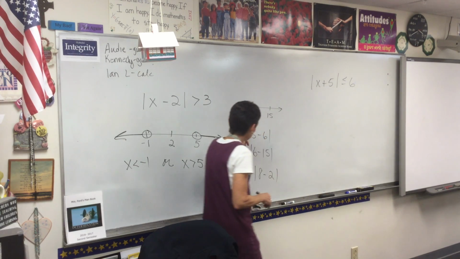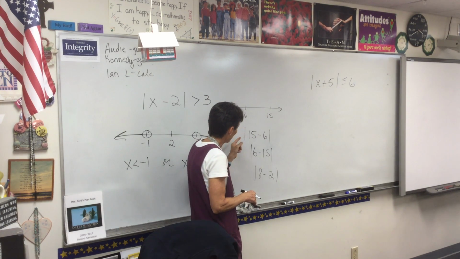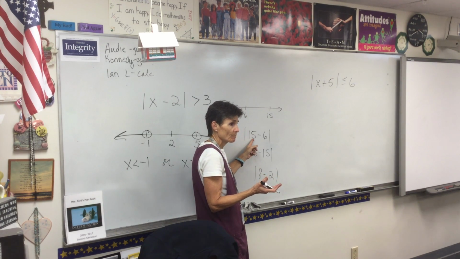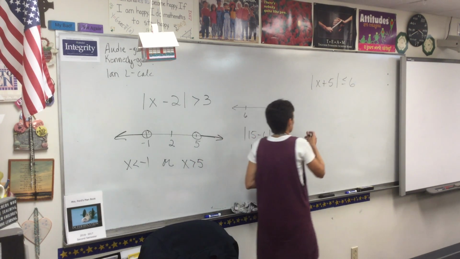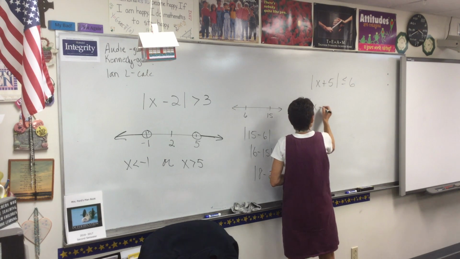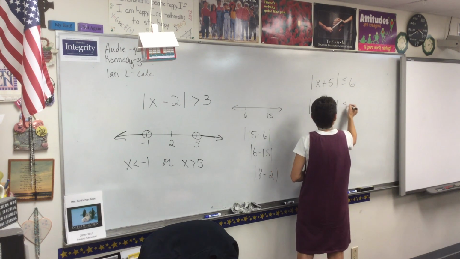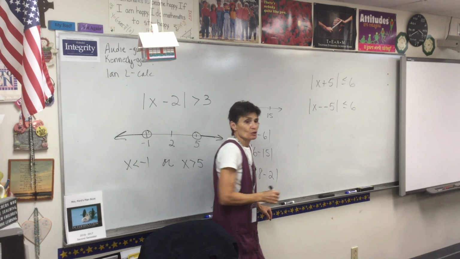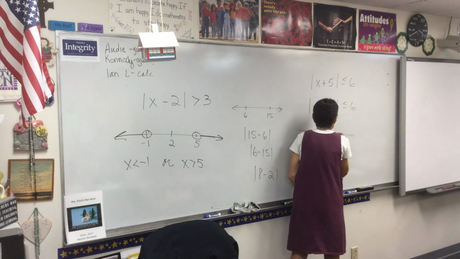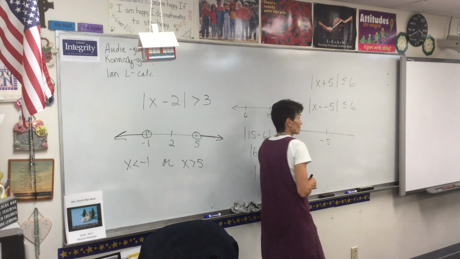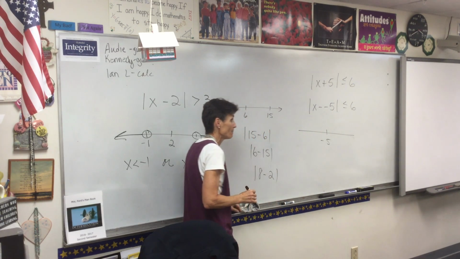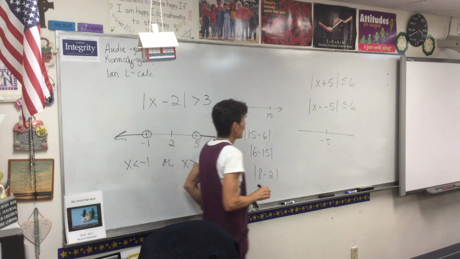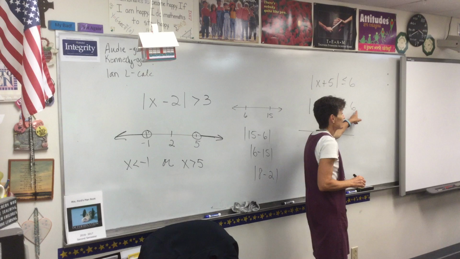And didn't we say when we looked at these kinds of problems, the distance has to be a subtraction problem? Wait a minute. I wonder if I could rewrite this as a subtraction problem. So when I draw my number line, I'm looking for the distance from -5 this time. Yeah. And I need that distance to be 6.